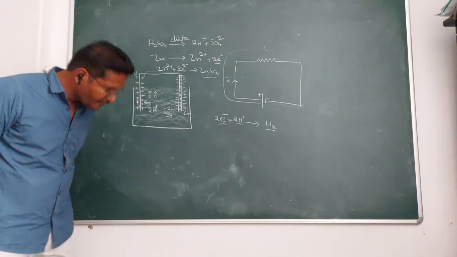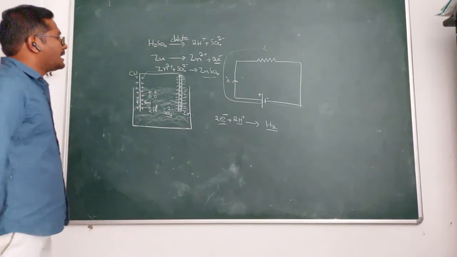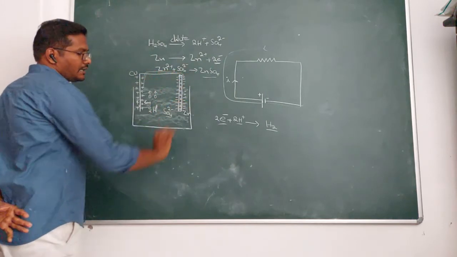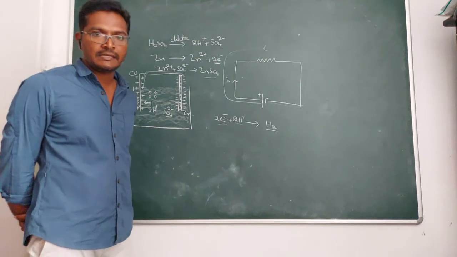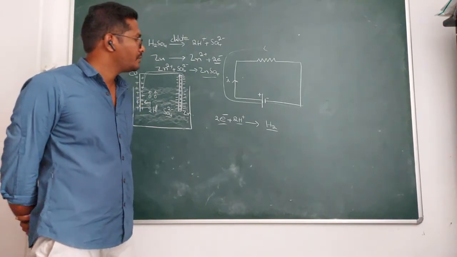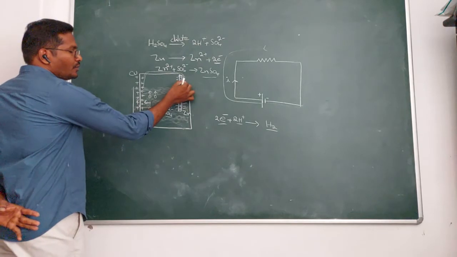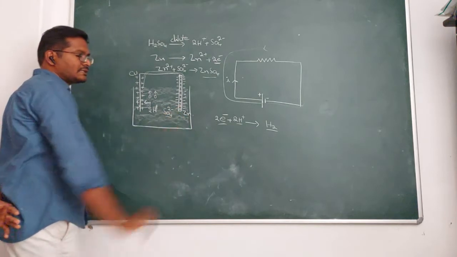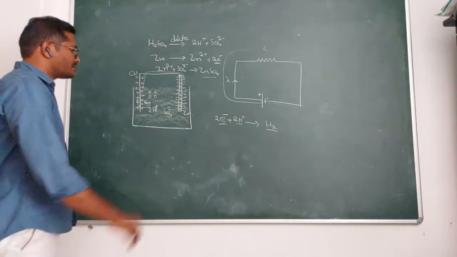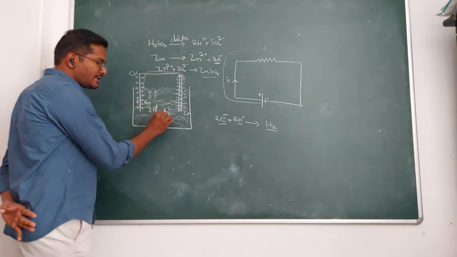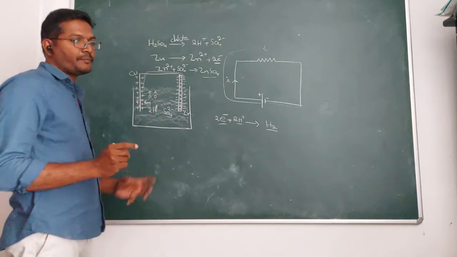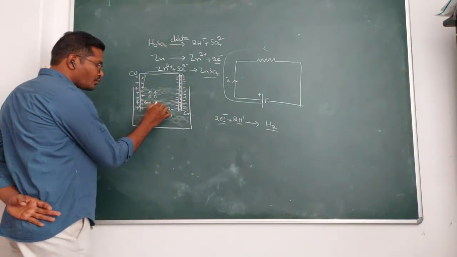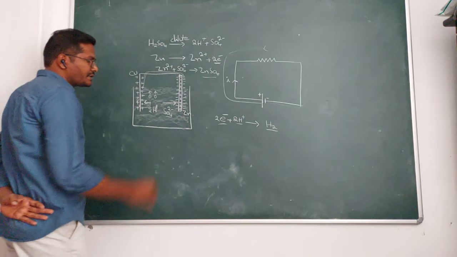Now as electrons come here, the equilibrium state is disturbed. If two electrons come here, then another SO4 2- can move towards the zinc rod, which you get by splitting from H2SO4.